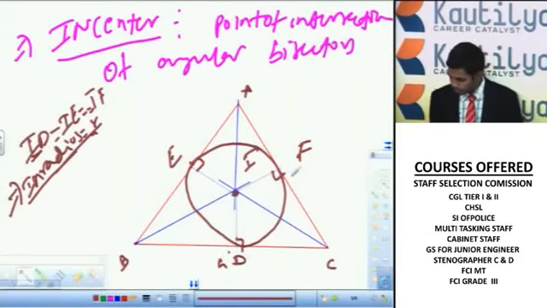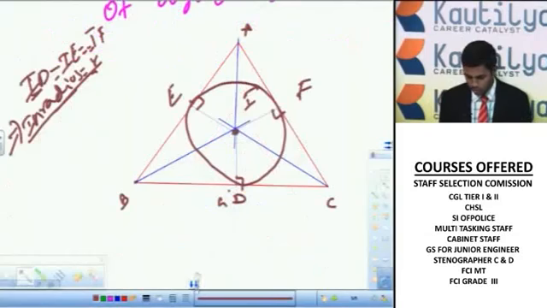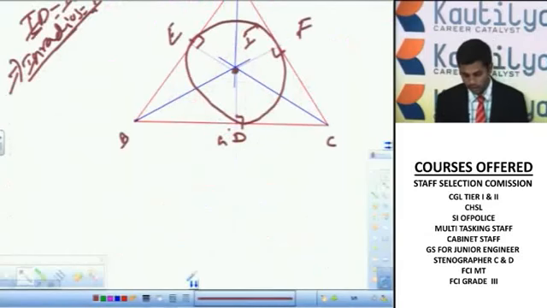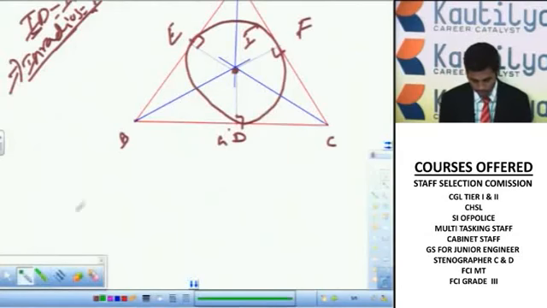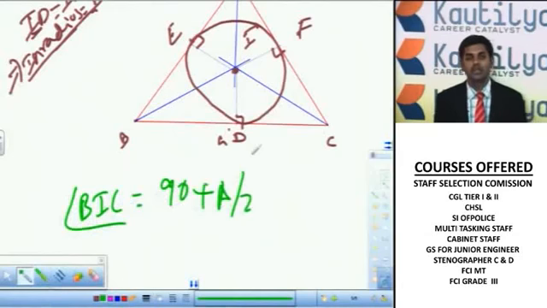Now coming to the relation between angles, that is angle BIC and so on. For an incircle inscribed in a triangle, the relation between angles will be like this. Angle BIC will be equal to 90 plus half of the opposite angle.